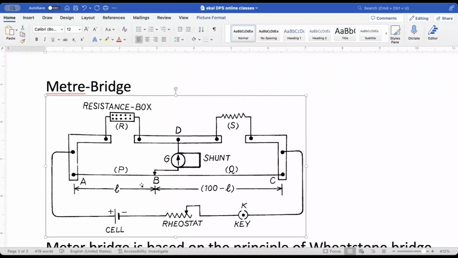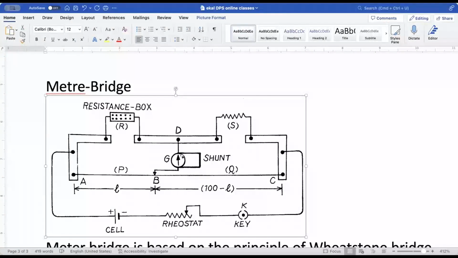Now, first of all, what will we do? We take a resistance R in the resistance box and close the key. The jockey is slid along the wire AC, and we determine a point such that on pressing the jockey at that point there is no deflection in the galvanometer, which means it is in the balanced situation.